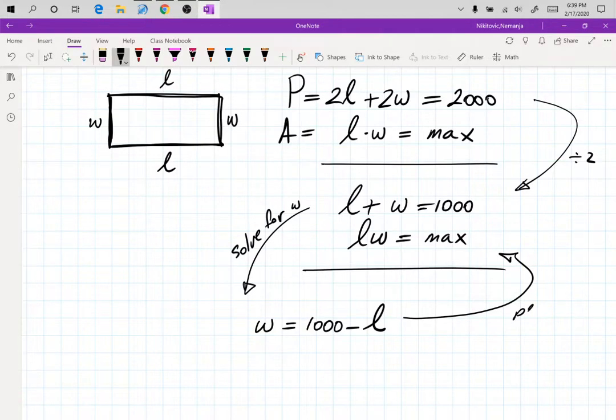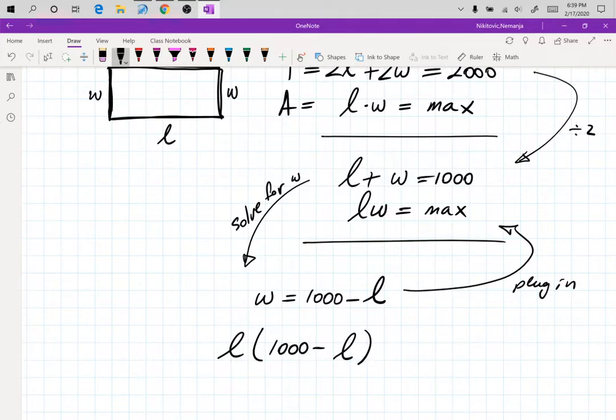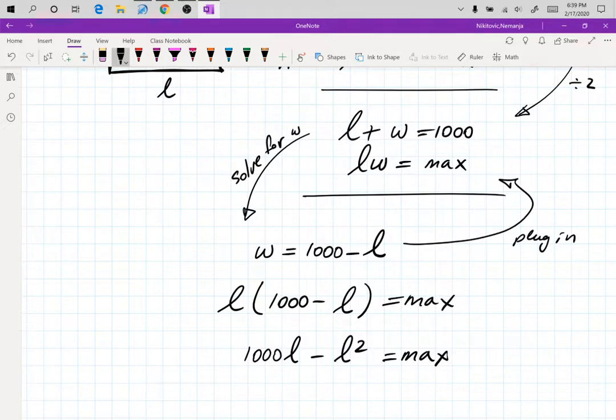And then you plug in. So you get L times 1,000 minus L equals a max. And here's your 1,000L minus L squared equals the max. You get to graph this, and it will tell you the L. This formula still graphs like this.